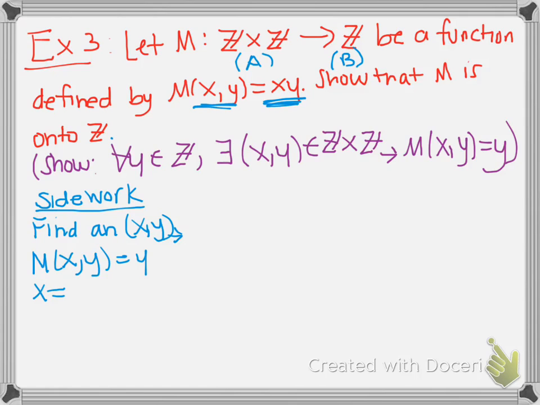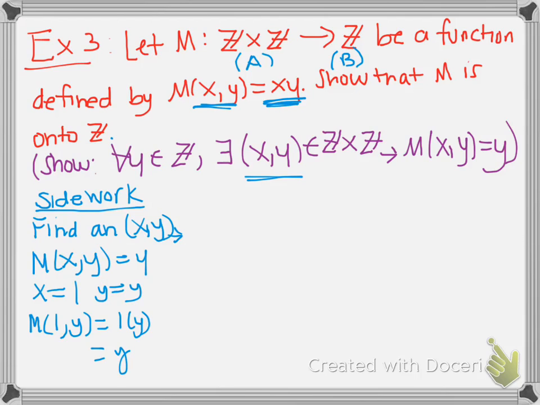X would have to be 1 and Y would just stay as Y. Remember when we have those there exists statements, whatever this is right here will depend on Y, and as you can see, that second value is just Y. So M of 1Y equals 1 times Y, which is Y. That's a little check to make sure you picked the right XY.